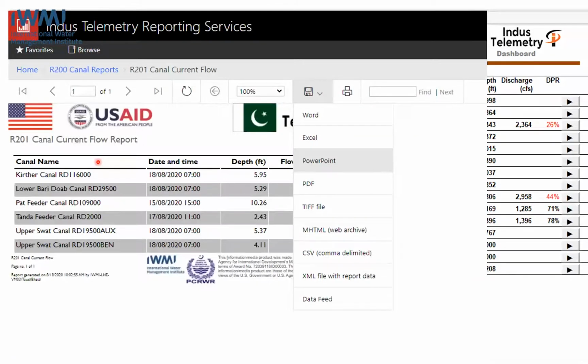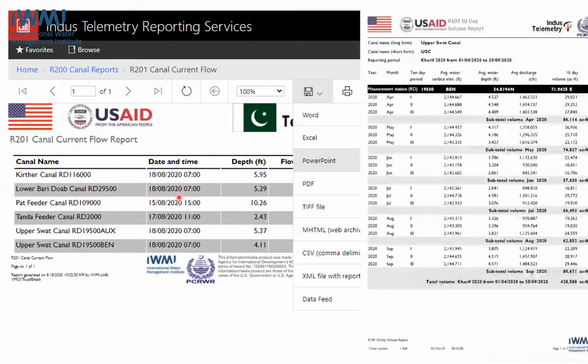Then there is the Indus telemetry reporting services where we can download data for different canals in various formats like Excel, PowerPoint, and PDF. And this is a very useful report where we report 10 daily discharges from a particular canal, and we also have the volume which is withdrawn in a particular canal system.